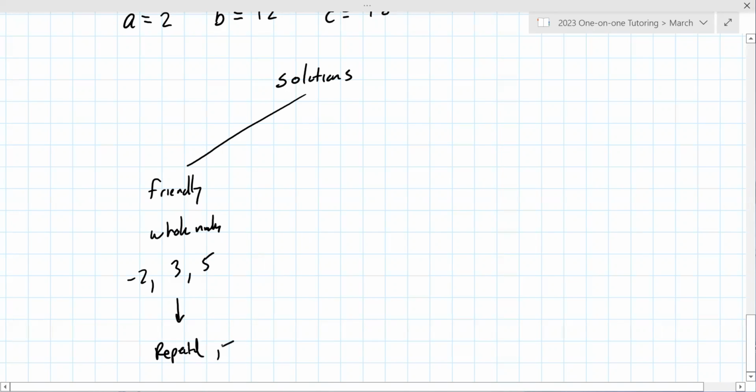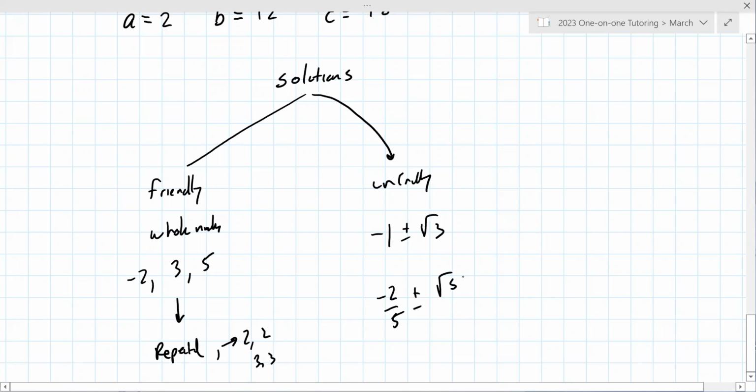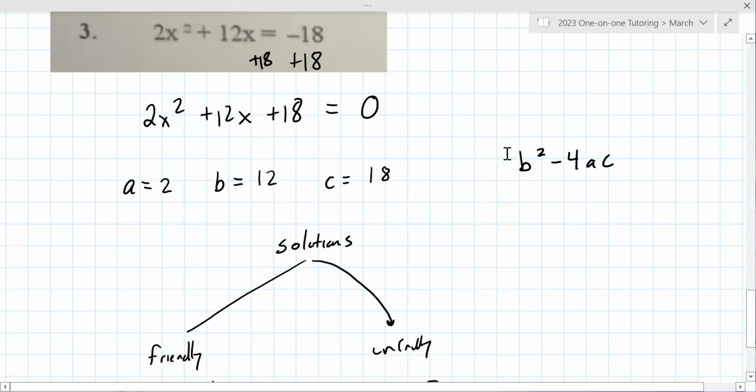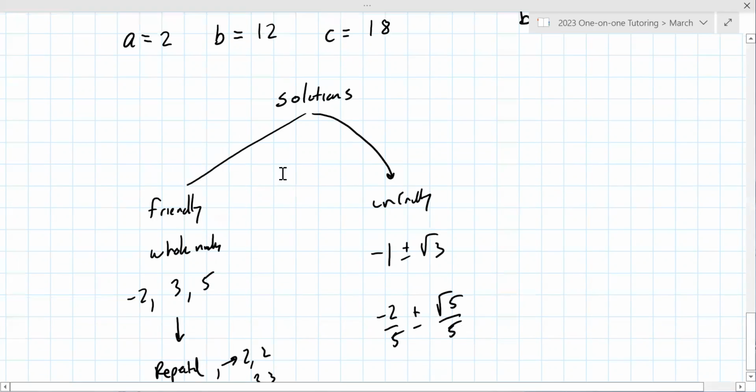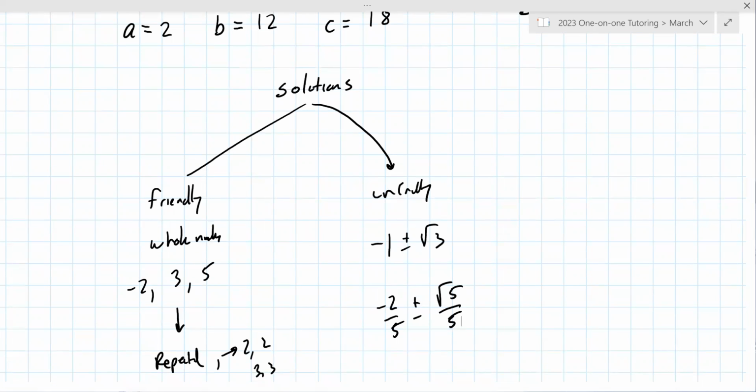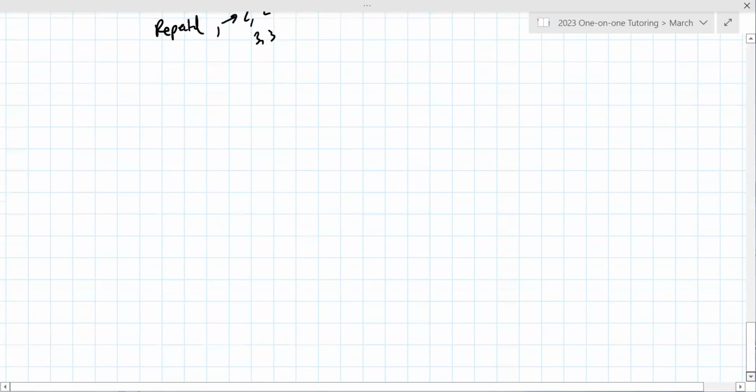The answers could be like 2 and 2 or 3 and 3. But what's also possible is that they're unfriendly. And that means what we've already seen, like -1 plus or minus the square root of 3, or -2/5 plus or minus the square root of 5/5. These are unfriendly. And all of this is based on what you just did. The result of this tells you whether the answer is friendly or unfriendly. All right. So let's keep going on this problem here.